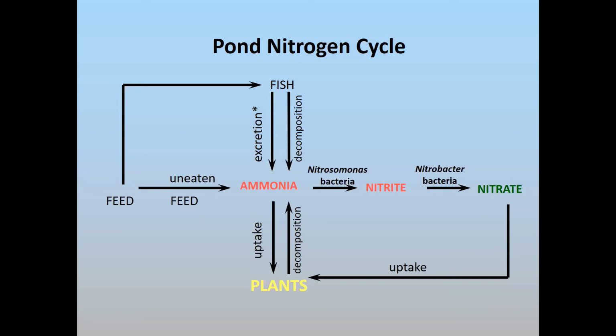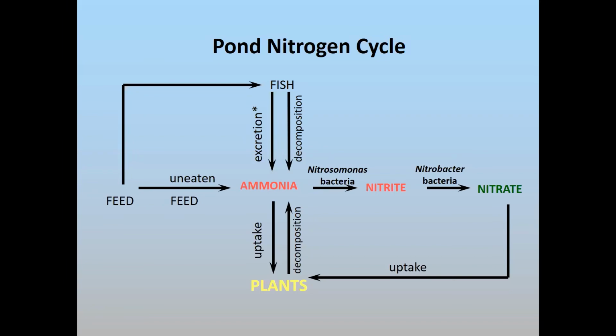But the nice thing about this ecosystem, as I mentioned, is you've got beneficial bacteria in the water. And they're actually taking that ammonia, which the fish are releasing, or dying plants releasing ammonia, and they convert it to the less toxic form of nitrate.